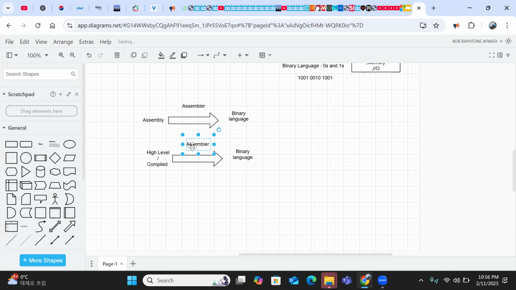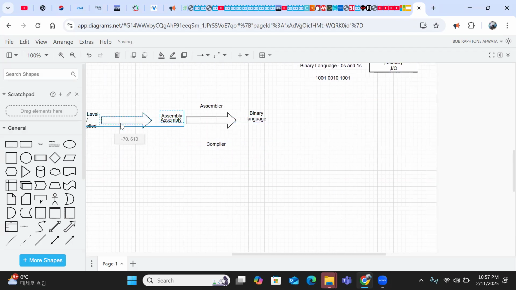And here we are using something called a compiler. You'll hear C compiler, Java compiler. And then what do you think it changes it to? It changes it into assembly. Okay, so this one here is actually supposed to come here.